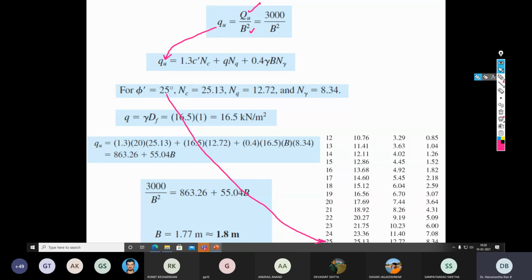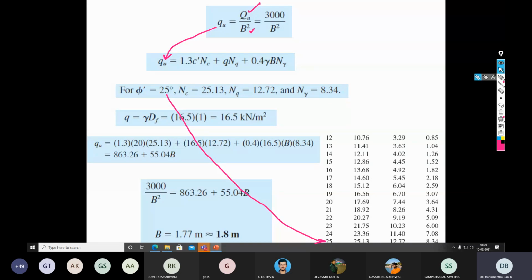Now this is one of the simplest ones. How can I make this a bit complicated? Sir, this is square, na sir? Yeah, this is square. If you don't give any shape, then it will become complicated. Suppose if you also introduce the L term, then what happens? Your qu becomes dependent on L by B. So L is unknown, B is unknown.